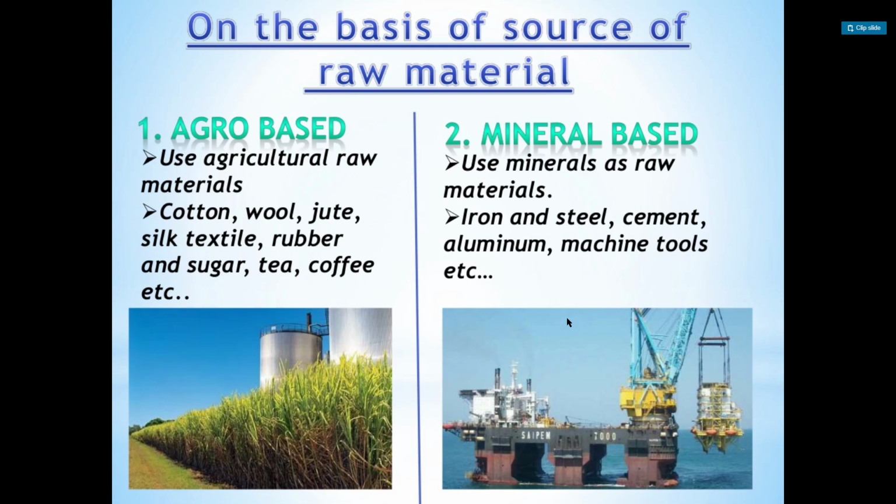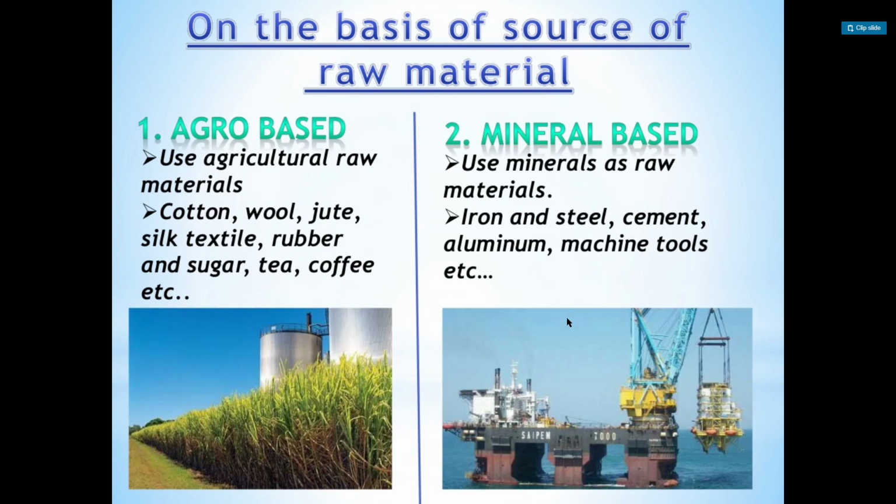Agro based, what do you mean by agro based? In agro based, we use agricultural raw materials like cotton, wool, jute, silk, textile, rubber, sugar, tea, coffee, etc., which we get from the fields. That is agro based. Second is mineral based.